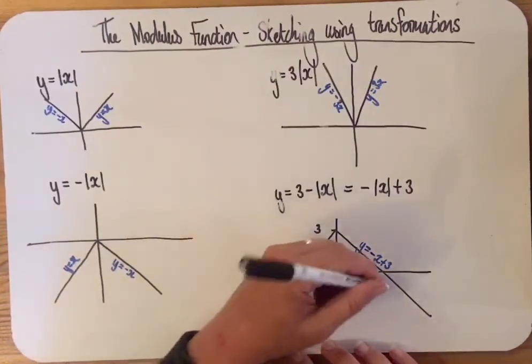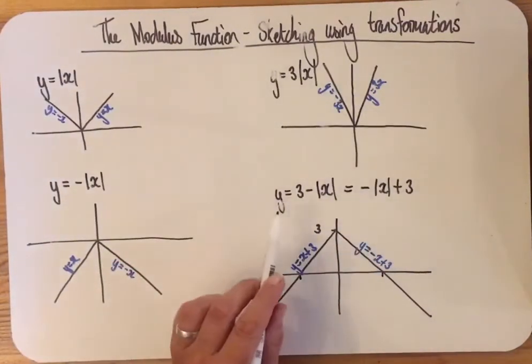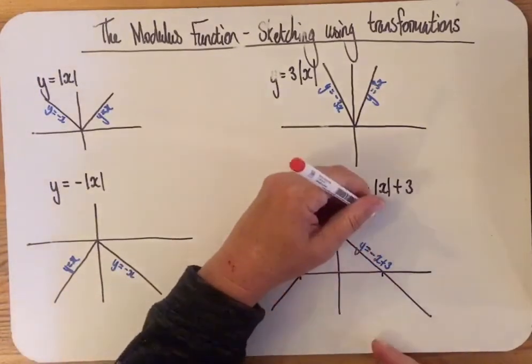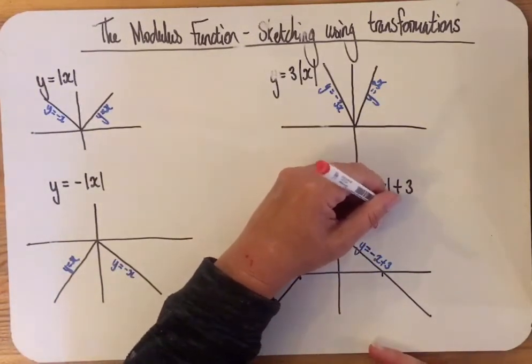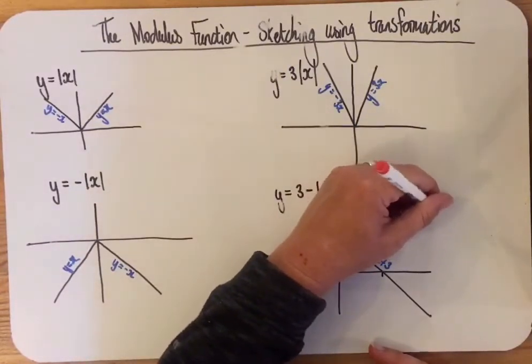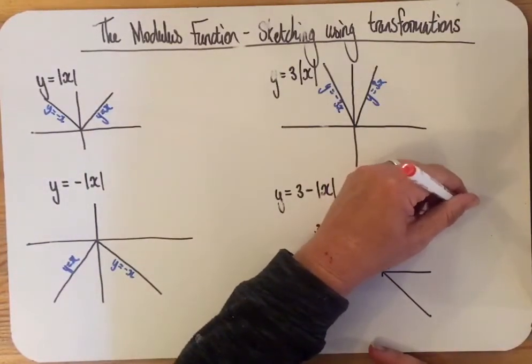Your x-axis intercepts are where y is equal to 0. So to find those, if y equals 0, then minus modulus of x plus 3 equals 0.